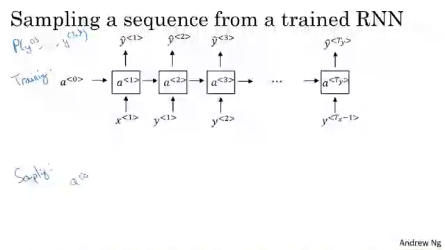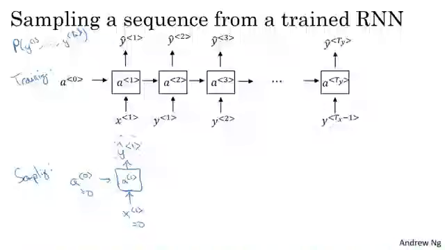So what you want to do is first sample what is the first word you want your model to generate. And so for that, you would input the usual x1 equals 0, a0 equals 0. And now your first time step will have some softmax probability over possible outputs. So what you do is you then randomly sample according to this softmax distribution.